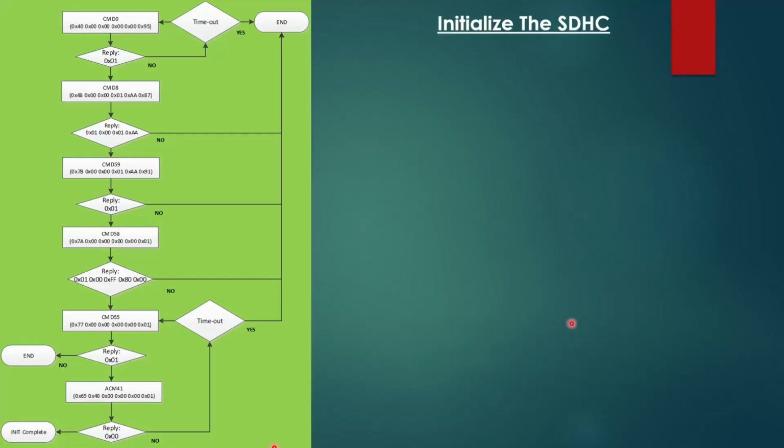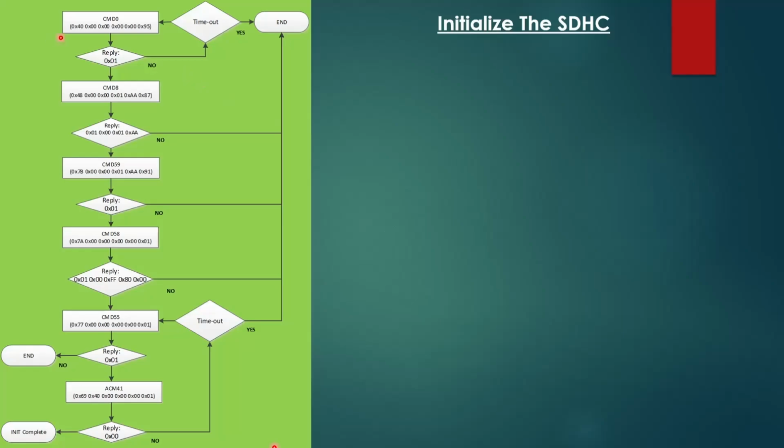This flow shows what we need to do to initialize the SDHC. The way we do that is by sending a series of commands and verifying that each of the commands is being processed successfully by the SDHC.